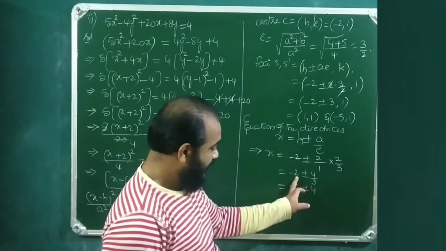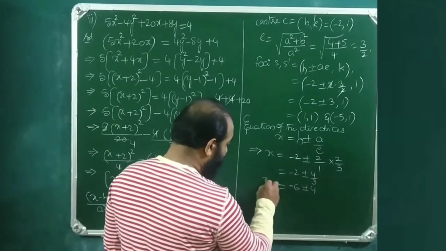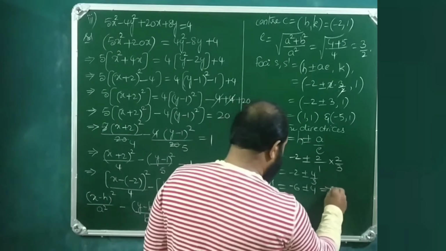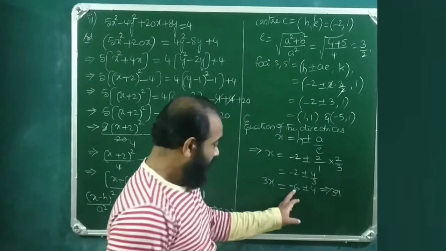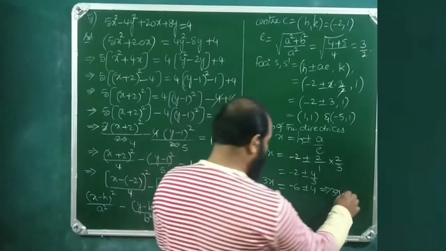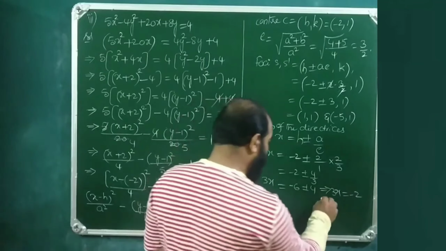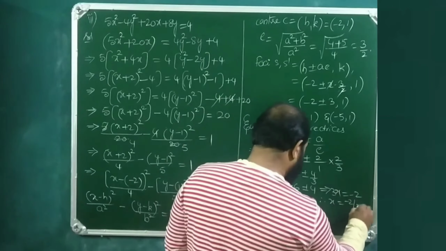Taking the LCM 3, minus 6 plus 4 is minus 2. Therefore 3x equals minus 2, so x equals minus 2 by 3.